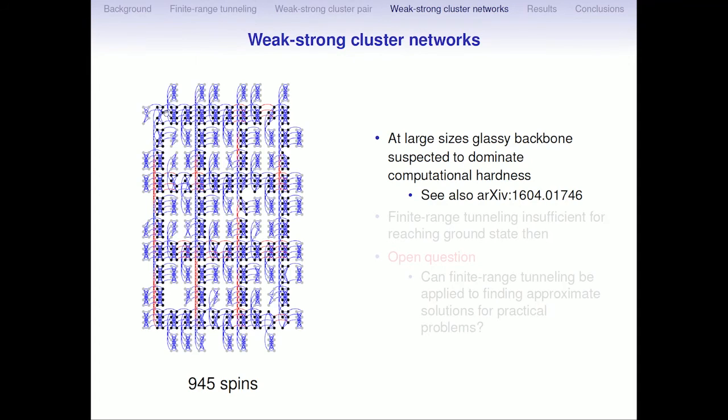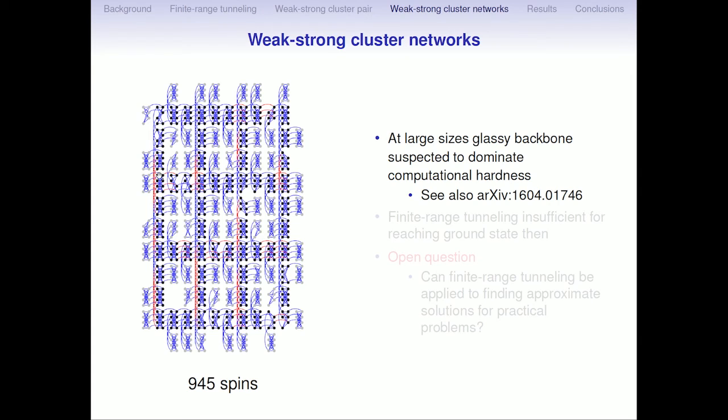Can you tell us a bit more about what the glassy background means in the large instances of weak-strong clusters? Yeah, this is just the arrangement of the strong clusters here. As I said, we're connecting them in what we call glassy fashion.